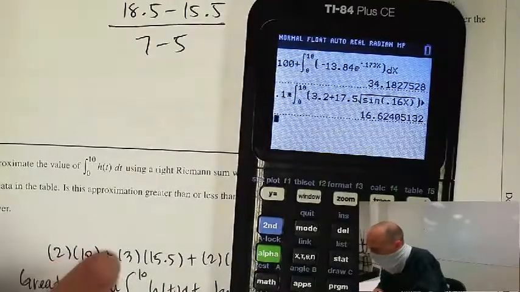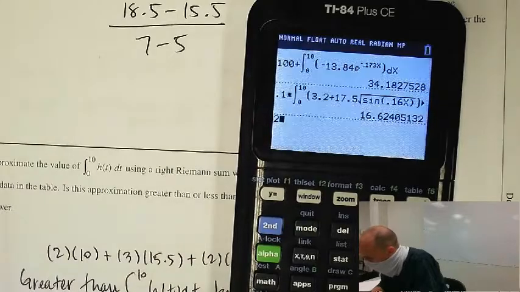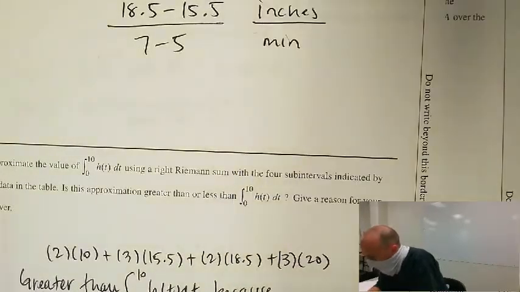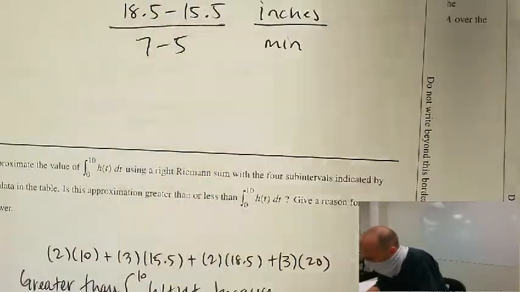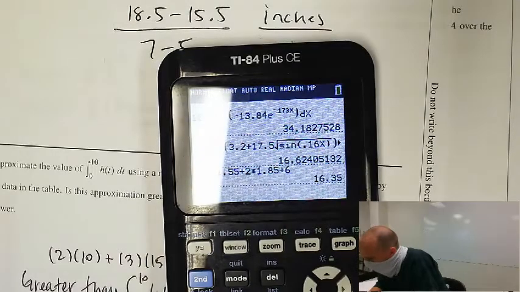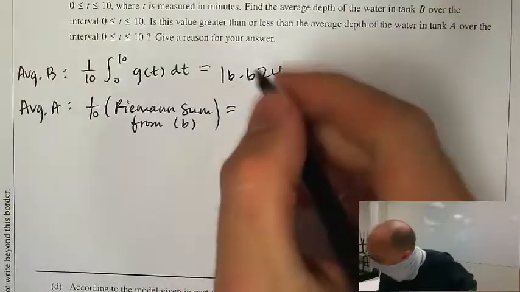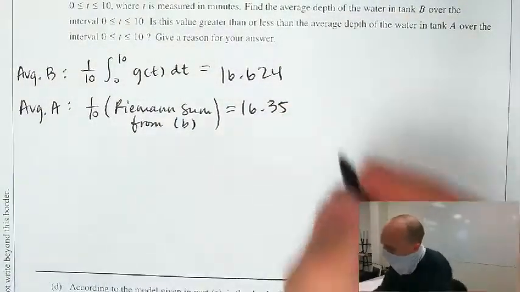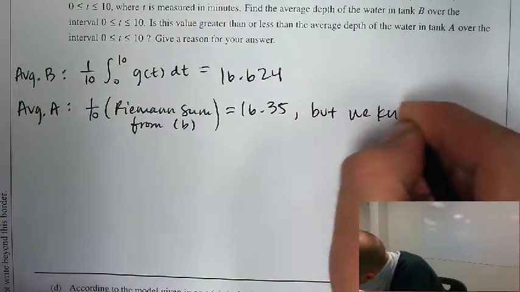So I'll have 2 times 10, 3 times 15.5, 2 times 18.5, plus 3 times 20, which is 60. And that's 163.5, divided by 10 is 16.35. Yes, okay, that's what I wanted to have happen. 16.35. But we knew this was an overestimate.